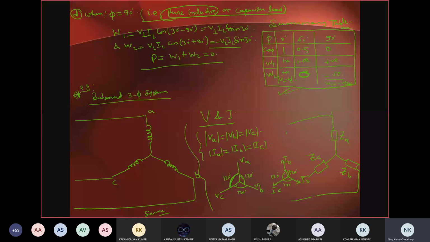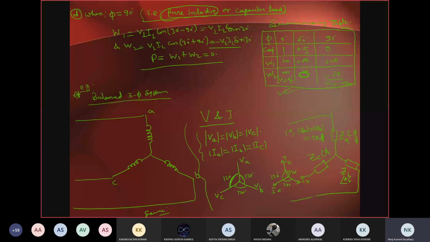If there is a phase angle, suppose phi A, phi B, phi C, obviously there will be some phase angle, so that should also be equal. Only in that condition is your load said to be a balanced load.